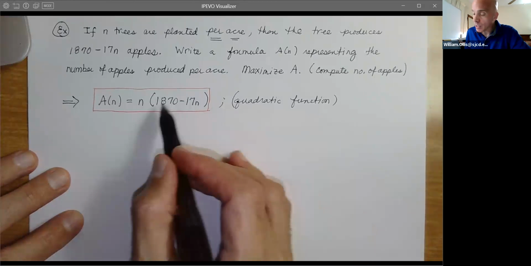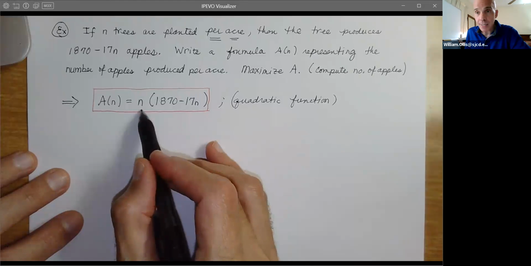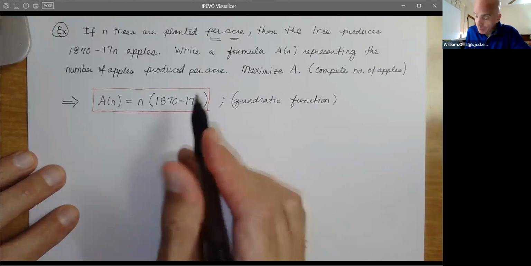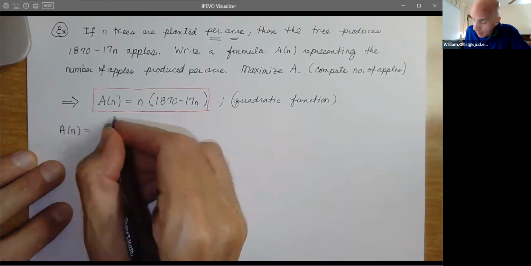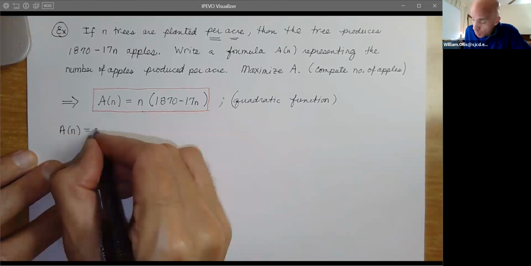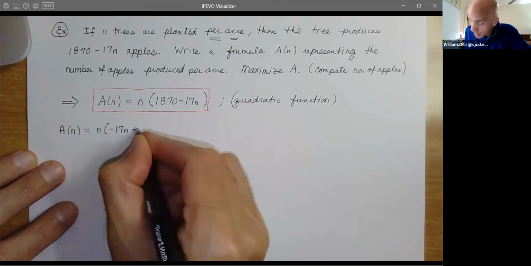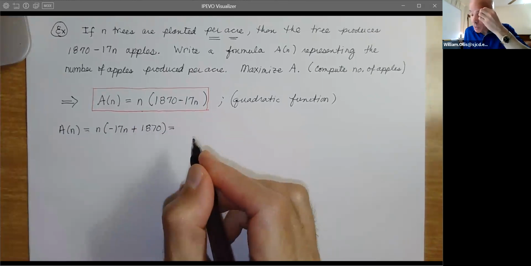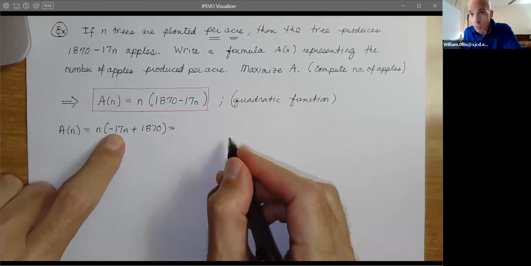So now we're going to note again that this is factored. It does have a 0 when n is 0. So we're going to do the same factoring process and do the midpoint. So now A of n, I'm going to turn this around, negative 17n plus 1870. So notice with the last problem, we had the n multiplied.